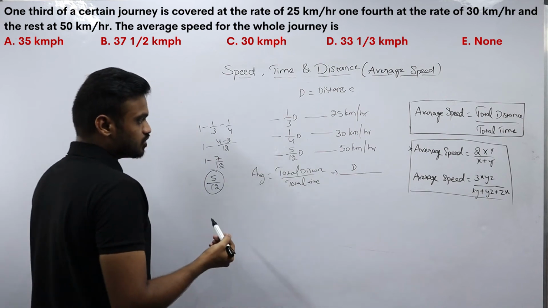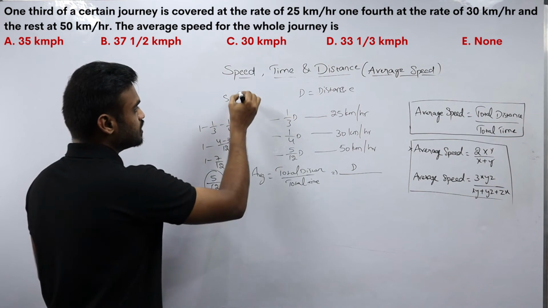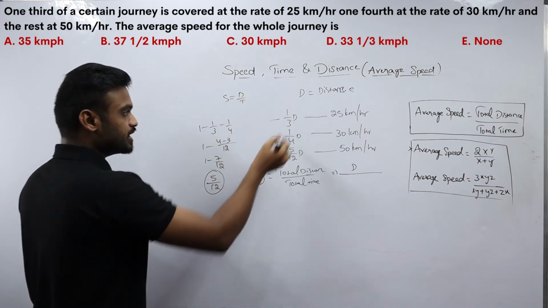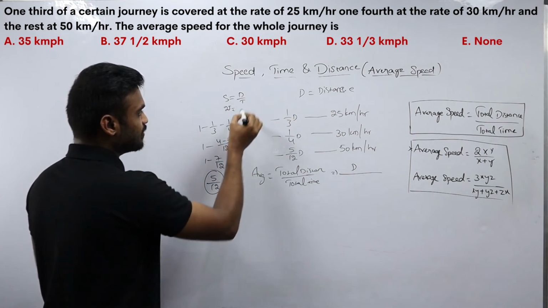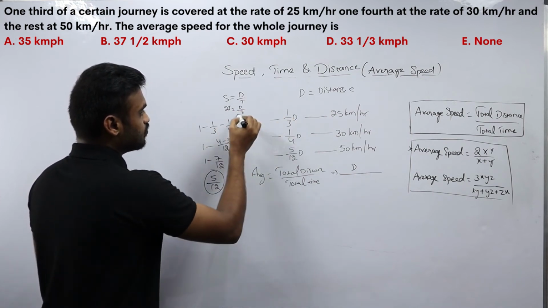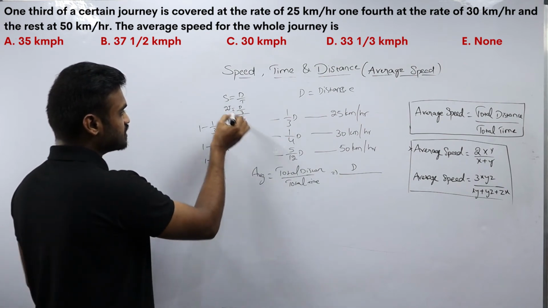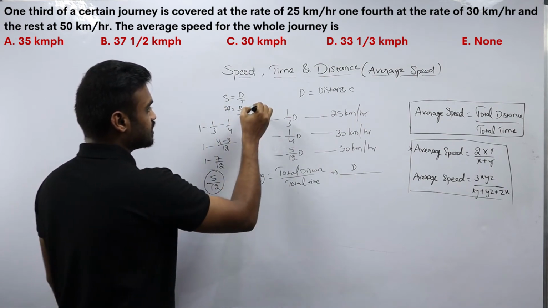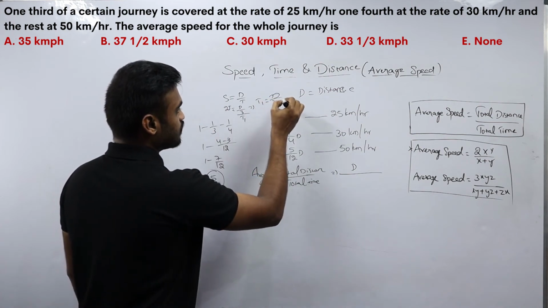Now what is the time in the first case? We know speed equals distance by time. So the speed in the first case is 25 and the distance is d by 3, so 25 equals d by 3 divided by t1. We don't know the time, so if I send t1 to the left-hand side, I get t1 equal to d by 3 into 25.